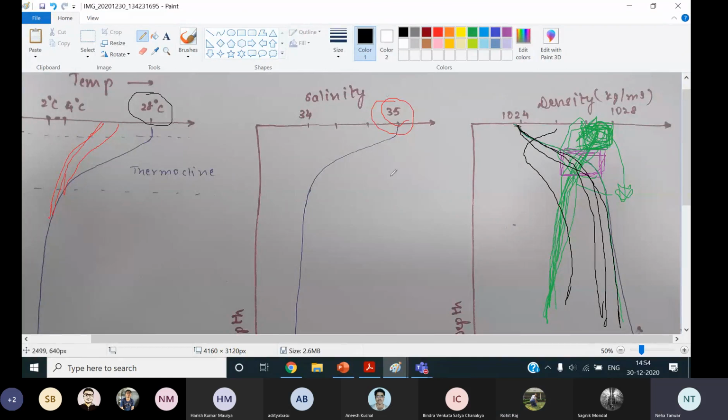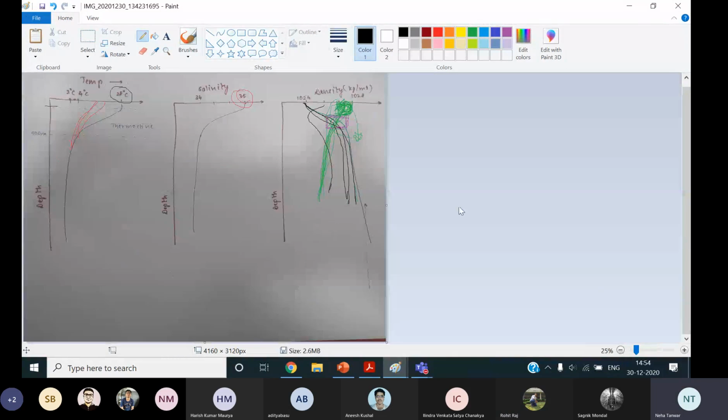Are we clear on these profiles? If I ask you to draw the profile of the equator or tropics, you will be able to do that. You don't have to come up with the exact numbers, but you can draw their profiles side by side, relative to each other.